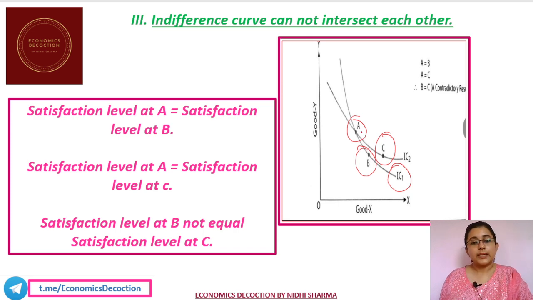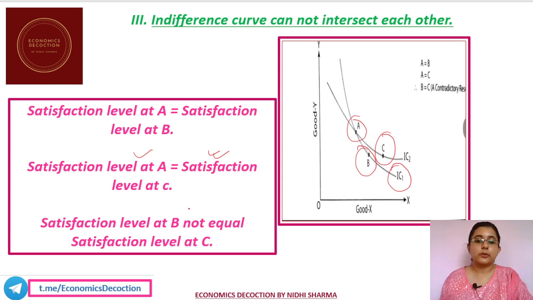But we can observe here that point A and point C are both on IC2 as well. So point A is the common point between IC1 and IC2. Thus, we can say that the satisfaction level at A is equal to the satisfaction level at C, because both point A and point C lie on IC2 and each IC shows an equal level of satisfaction.